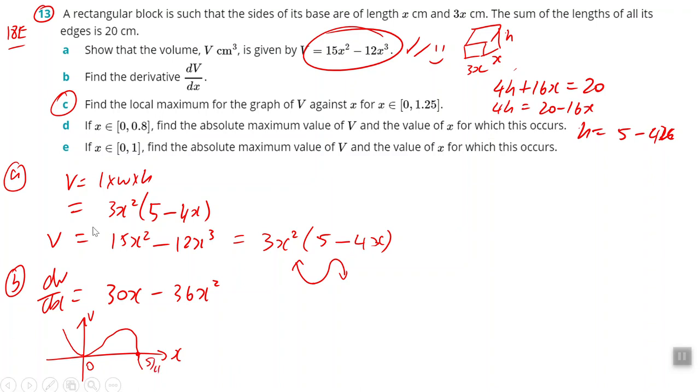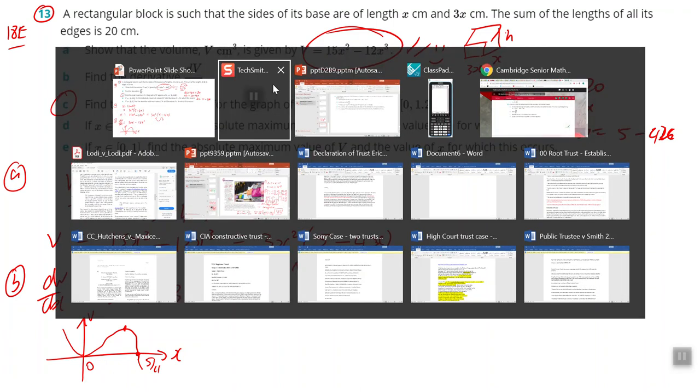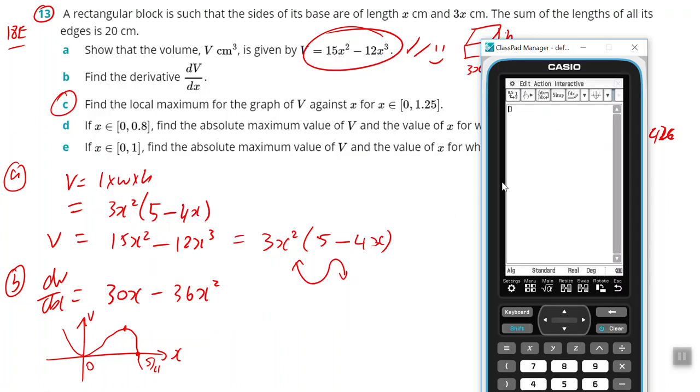Our first task is to find the maximum value. The maximum value would be here, the local maximum. So let's use calculus or a CAS calculator to help us with that. We use the derivative. Just be really careful because it's quite easy to mistake the derivative for the original.